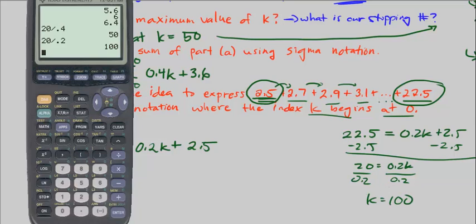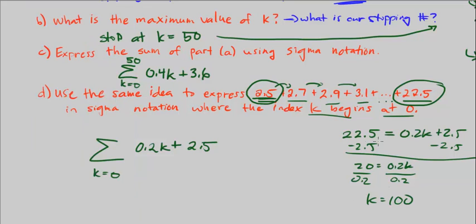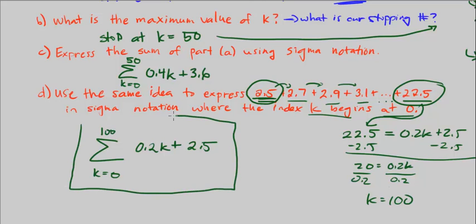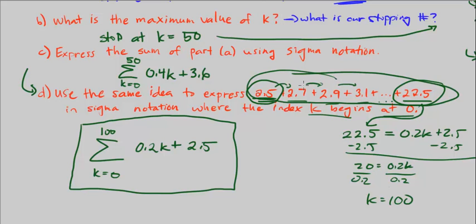And remember, that gives us the max, because we used the last point. That means we put 100 on the top, showing where we stop. So this is using parts A, B, and C to find and express the same idea for different series. All right, so this ends CPM Precalculus Chapter 2, number 37.